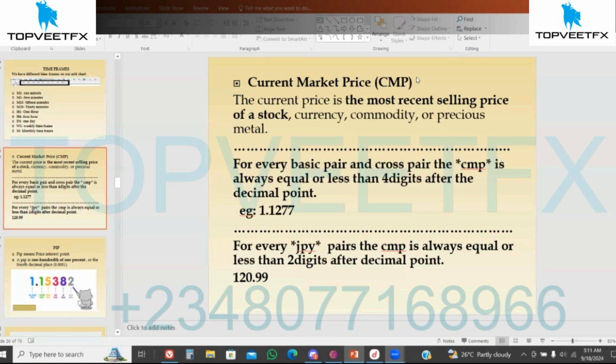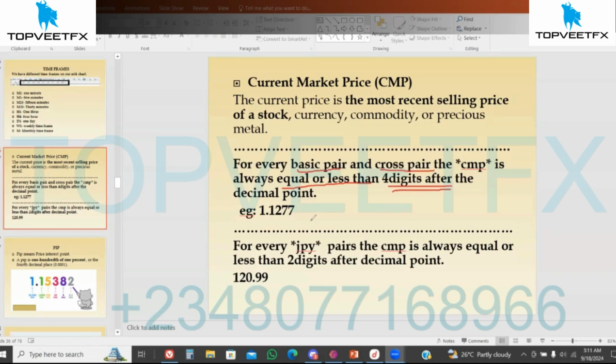Now let's continue. For every basic pair and cross pair, the current market price is always equal or less than 4 digits after the decimal point.